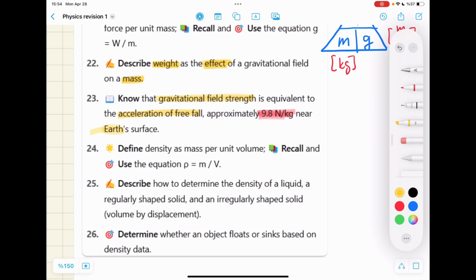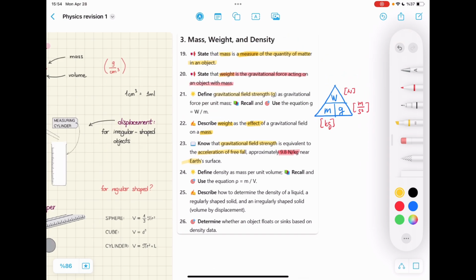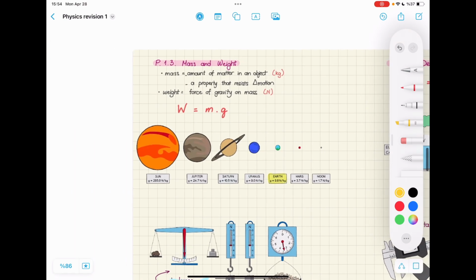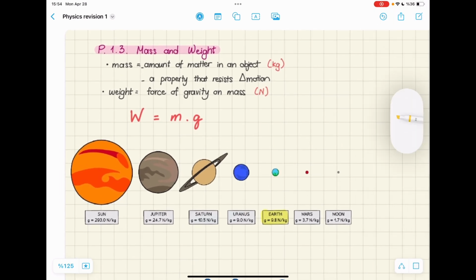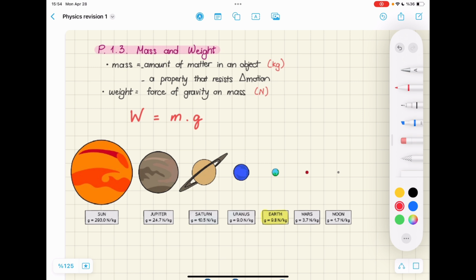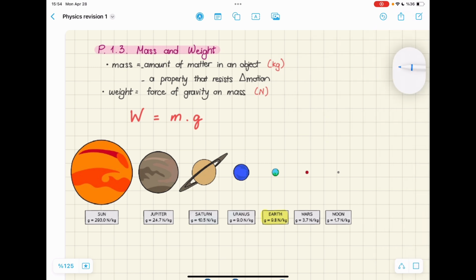Let's return to density after we go through mass and weight. So mass is the amount of matter in an object, which is in kilograms.